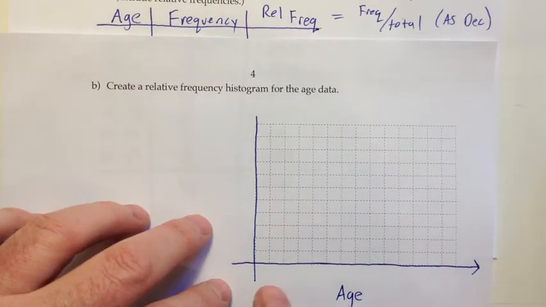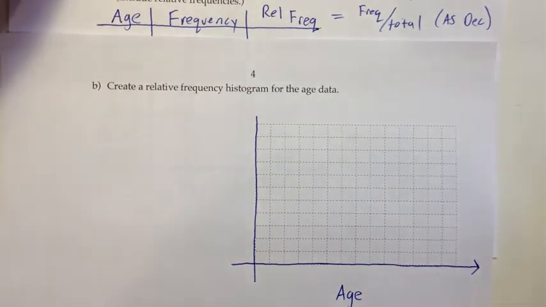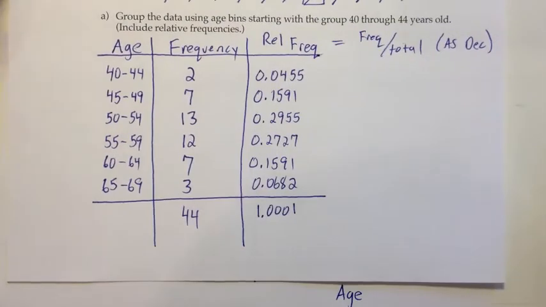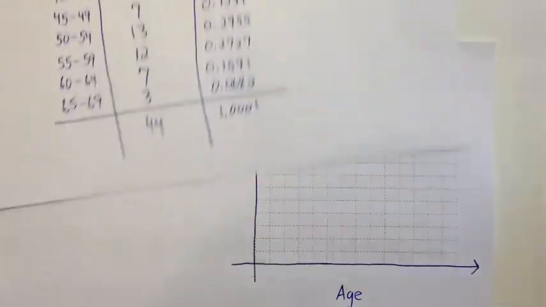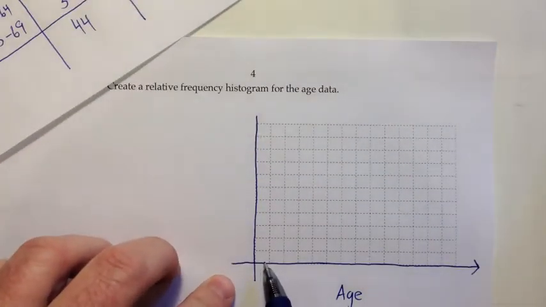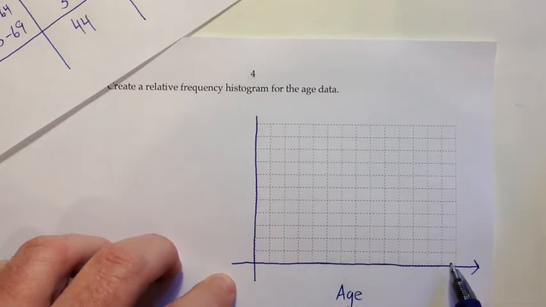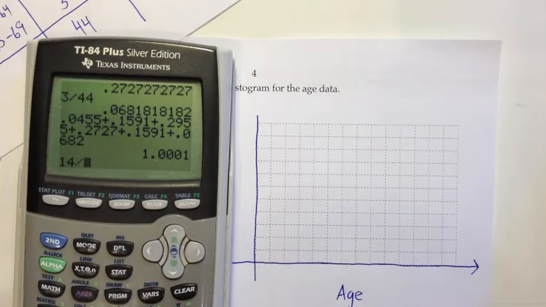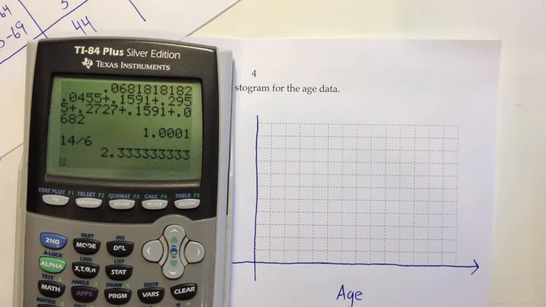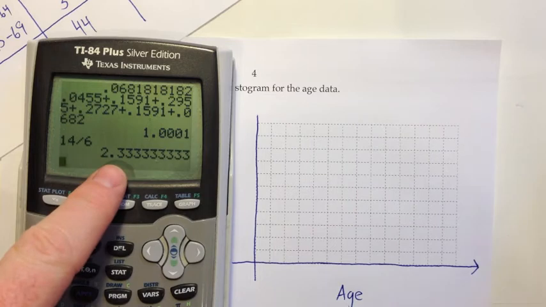And then I want to think about how should I number that. So we want to look at the bins that we have. First of all, how many bins? 1, 2, 3, 4, 5, 6. And we might think, well, how many squares do we have? 1, 2, 3, 4, 5, 6, 7, 8, 9, 10, 11, 12, 13, 14. So we have 14 grid squares and 6 bins that we need to graph. If you did the division there, you could use about 2.3 of these squares per bar.